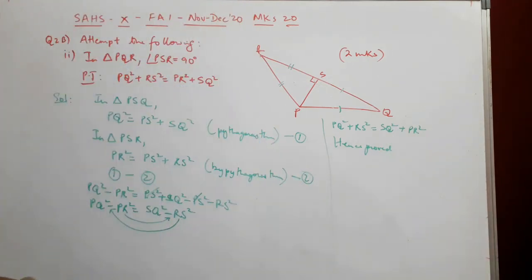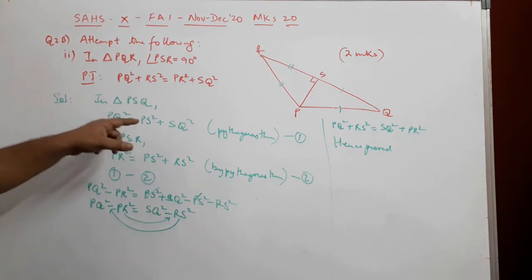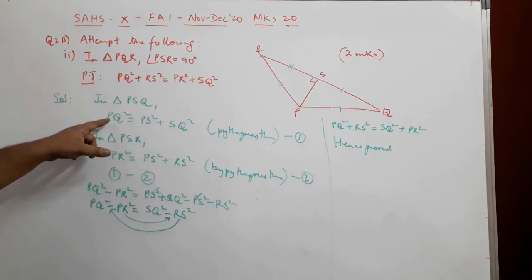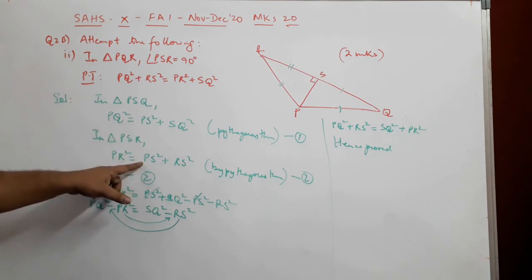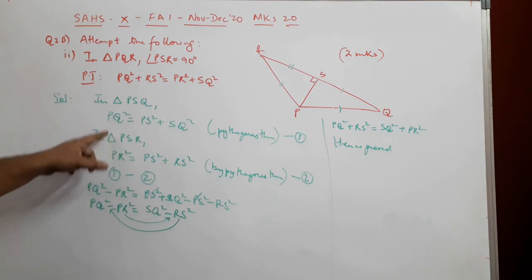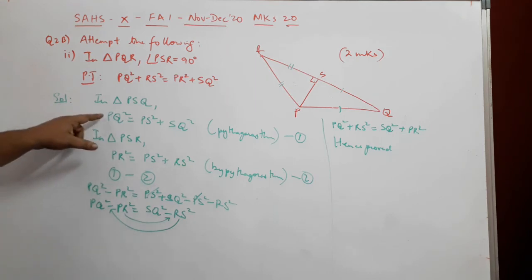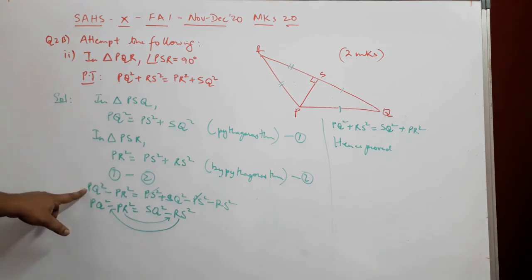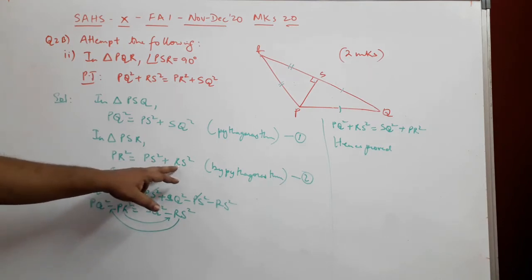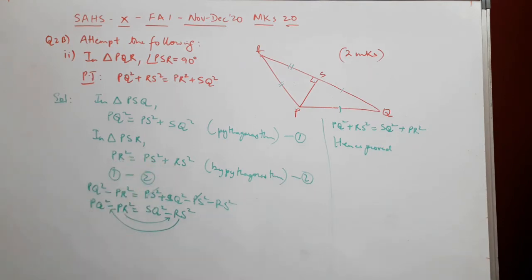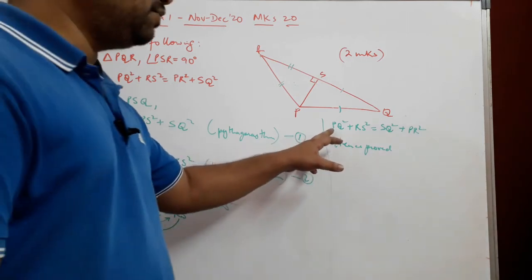Okay, so it wasn't difficult. There's another way you can do it. Instead of doing 1 minus 2, you can take everything equal to PS square and take SQ square on the left hand side, and since both the equations will be equal to PS square, those two equations are equal to each other, and you will get this step, wherein PQ square minus SQ square will be equal to PR square minus RS square, and finally after switching sides, this is what you will get.